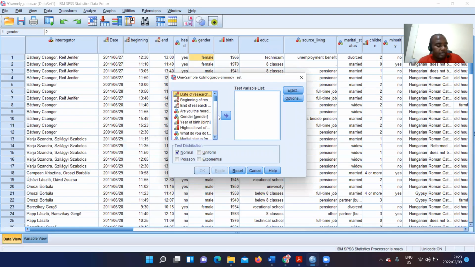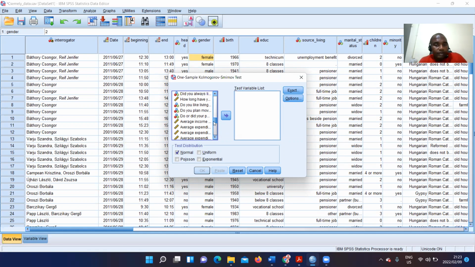The non-parametric test. The null hypothesis is that the variable under consideration follows a normal distribution. And the alternative hypothesis is that the variable under consideration does not follow a normal distribution. So the null hypothesis is normal distribution, the alternative, not normal distribution.